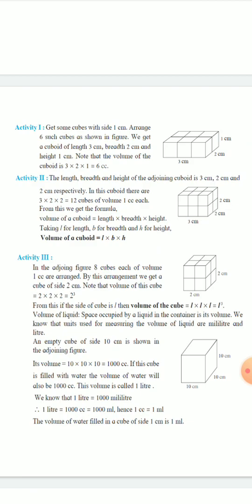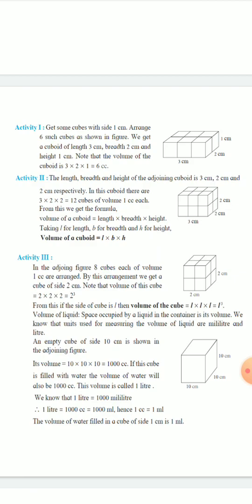If anyone asks you what is the volume of the liquid inside that particular cube, your answer must be equal to the volume of the cube itself. If the volume of a cube is 1000 cc, the volume of the liquid is also 1000 cc.